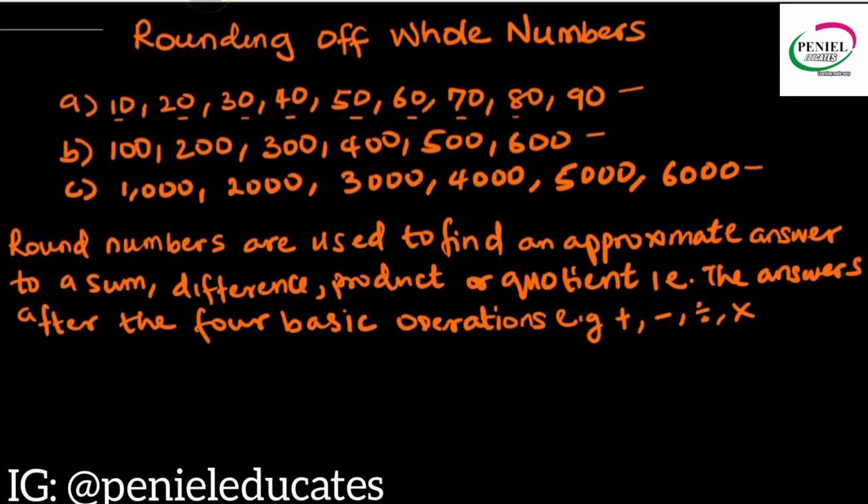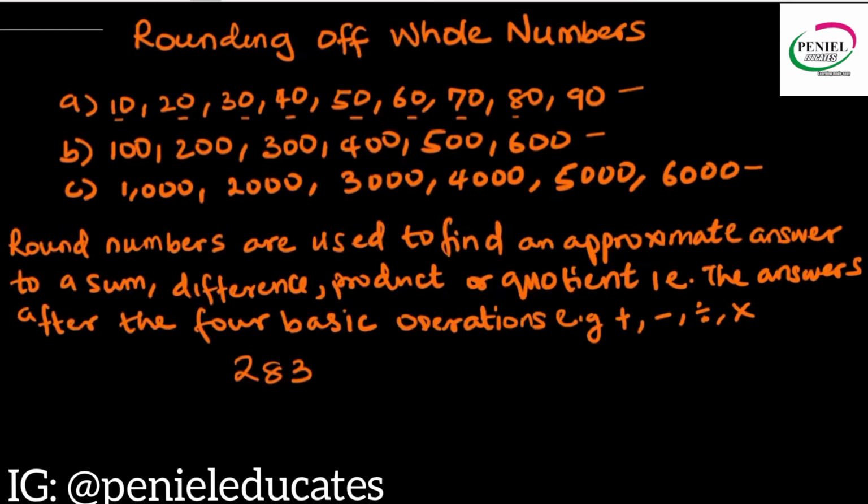All right, so let's look at certain examples. For example, we're told to write these numbers to the nearest 100. Let's say we are given 283 to write to the nearest 100.